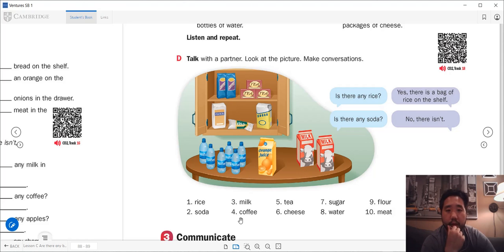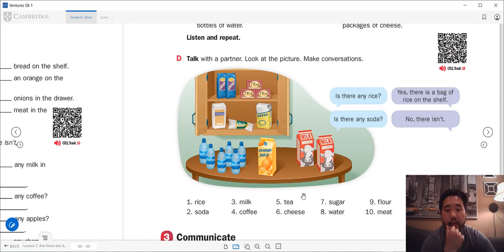Number 4, is there any coffee? Coffee, let's see, we have 2 bags of coffee here. So the answer would be yes, there are 2 bags of coffee on the shelf.